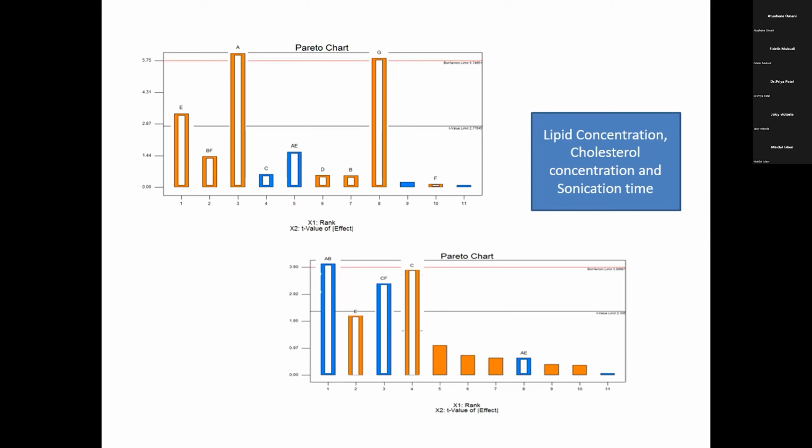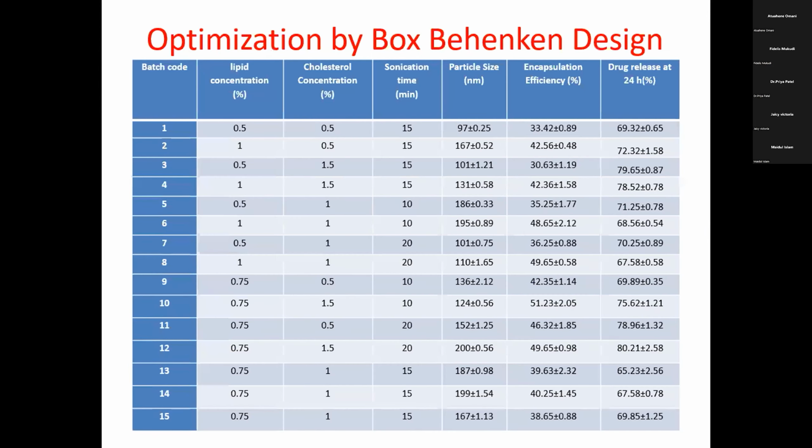So we selected those 3 variables for further study, and again optimized them by a different DOE design, the Box-Behnken design. Box-Behnken is a very renowned design used by data scientists for the optimization of formulations. This design is also run by the Design-Expert software.